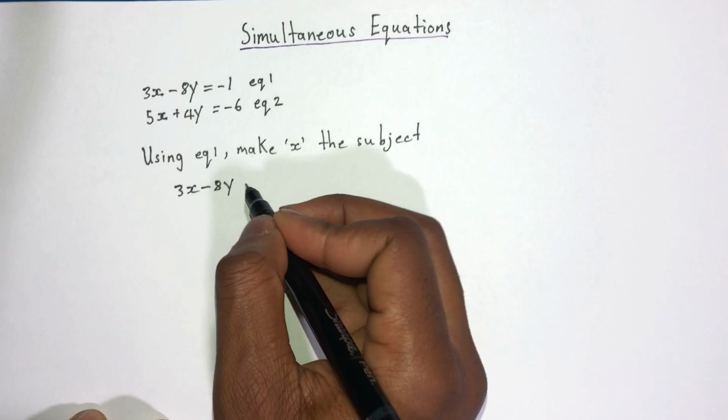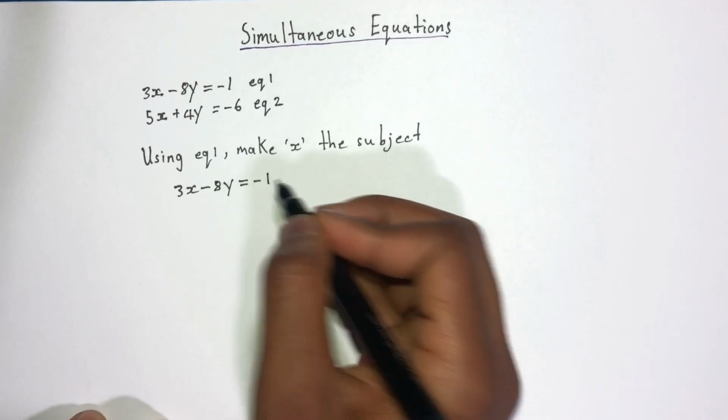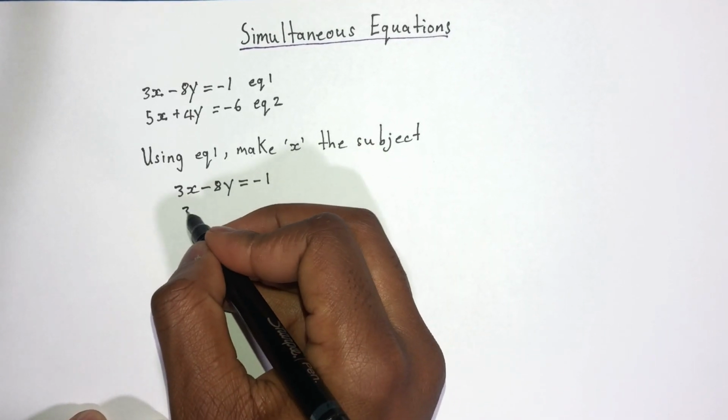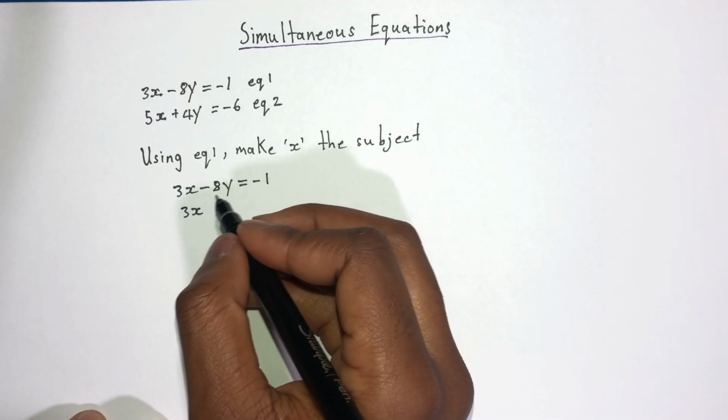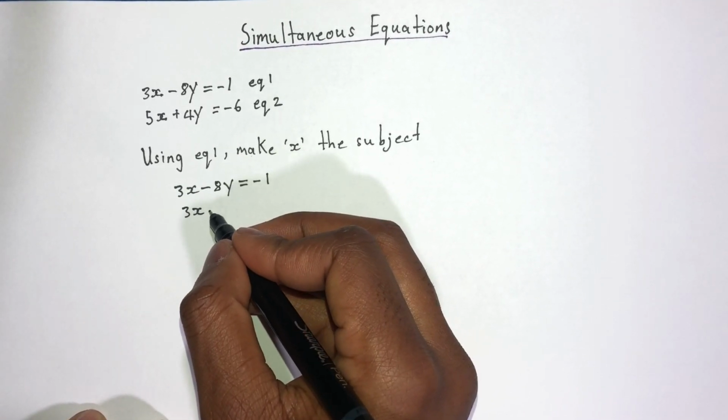Minus 8y equals -1. So now we are going to transpose and make x the subject.